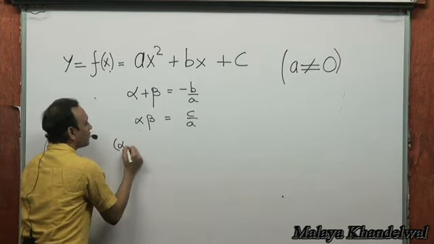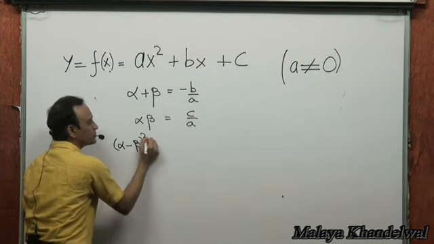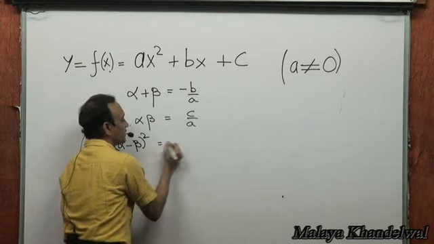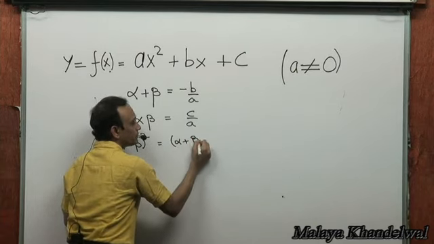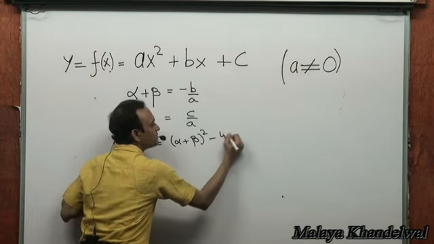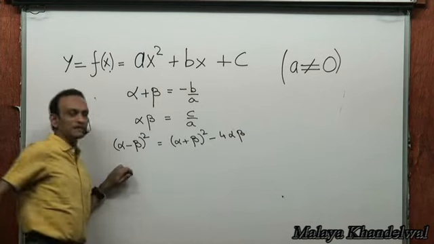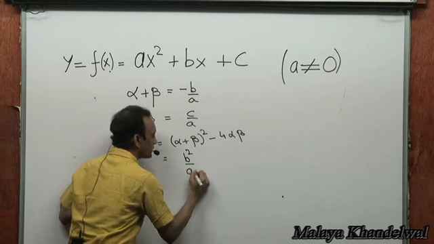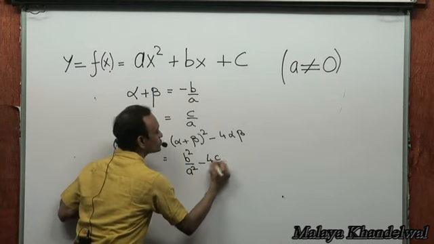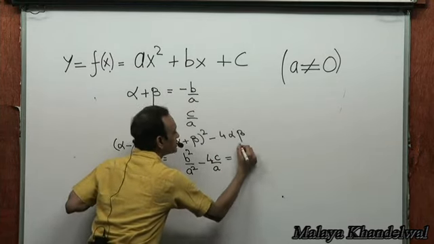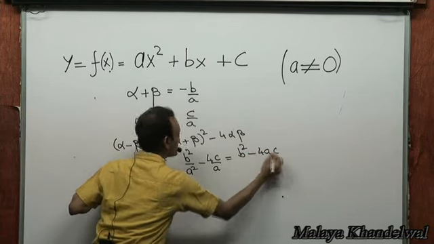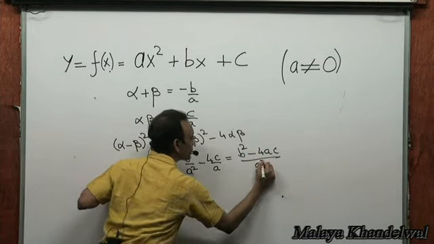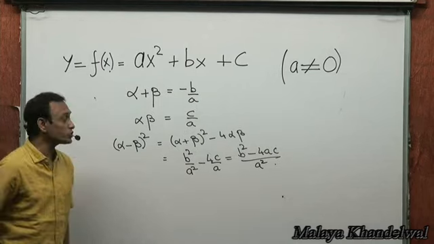Now, alpha minus beta whole squared is going to be what? That's going to be alpha plus beta whole squared minus 4 alpha beta, which is b squared by a squared minus 4 into c by a, which is b squared minus 4ac by a squared, right? That's alpha minus beta whole squared.